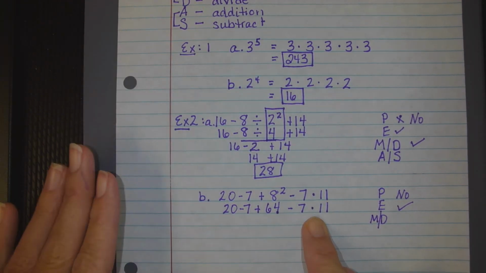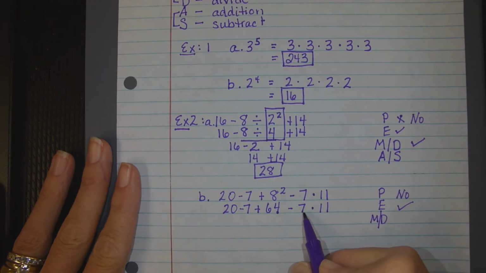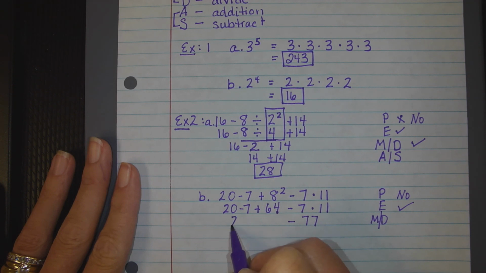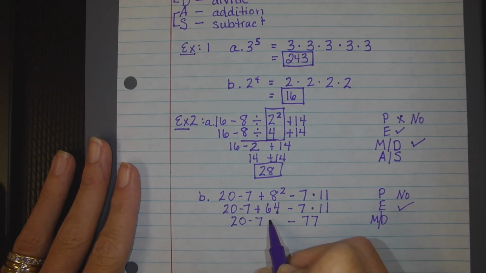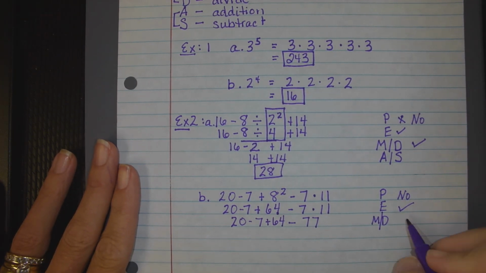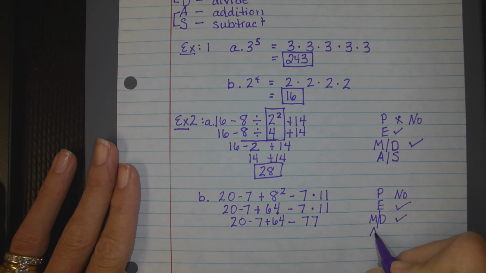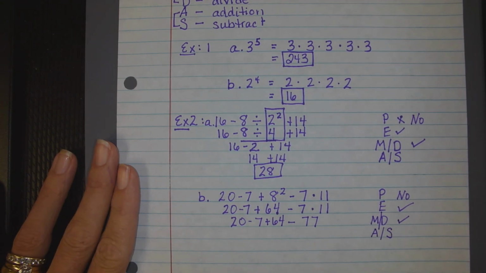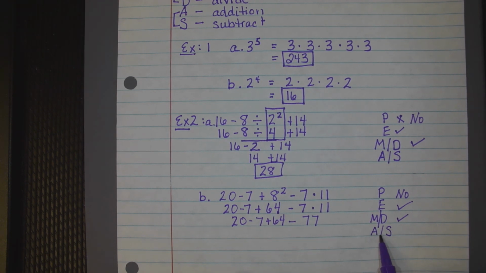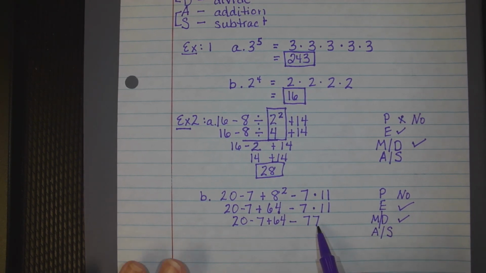I do have one multiplication. I don't have any division, so we need to do this 7 times 11, which is 77. I'm going to bring everything else down. Watch your spacing there. Okay, I've done that. Addition and subtraction. Okay, I'm going to do this one at a time, and please remember this goes together, left to right.